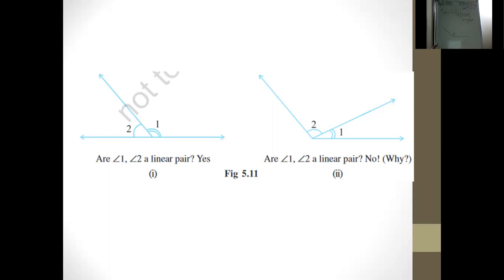Yes. Okay, now we have drawn an angle here. Yes, it is an angle. Now if we have to satisfy the linear pair, we have to extend this line. We have to extend this line, then only we can say that it is making a linear pair. But this is not the condition.